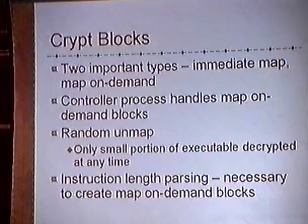There are two important types of crypt blocks, ones that are immediately mapped and ones that are mapped on demand. For simplicity's sake, we map all data immediately because you don't know when the data might be accessed. You don't know what part of the code might access the data. So you have to map the data immediately to make sure it's there and the program can execute properly.